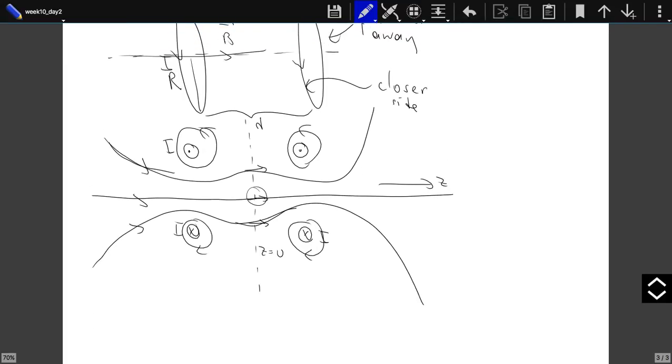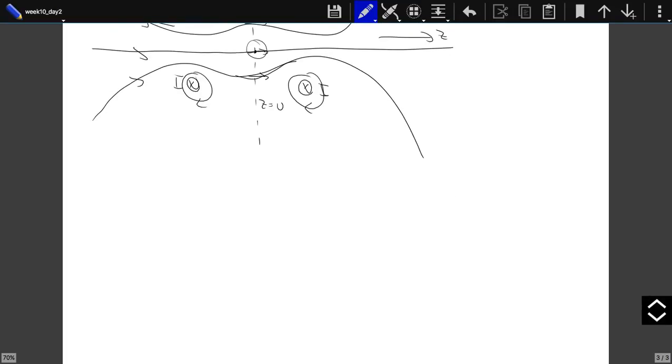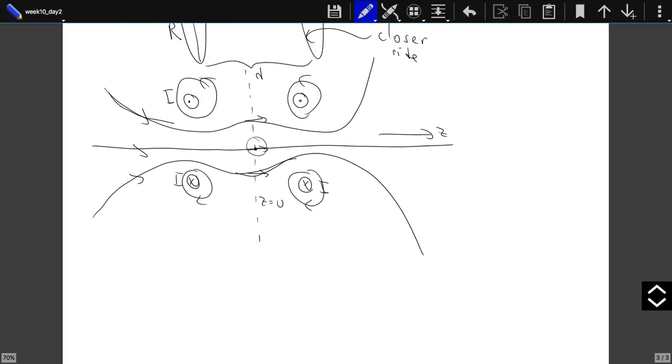Well, okay, so this is what we are interested in. We would like to look at the magnetic field in this region. And we would like to have it as flat as possible, as independent of z or any other coordinate as possible. Well, to do that, let us just consider one of the rings. This point is basically equidistant from both of the rings. So the magnetic field at that point would be the magnetic field created by one of the rings multiplied by 2.